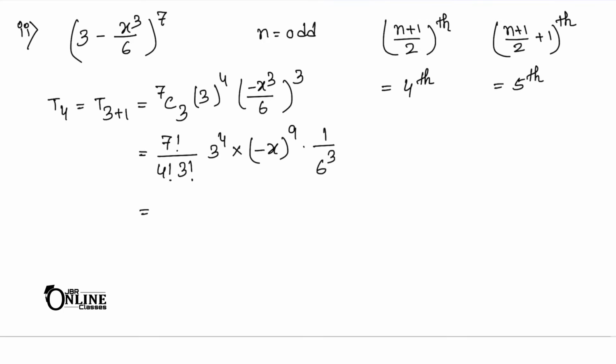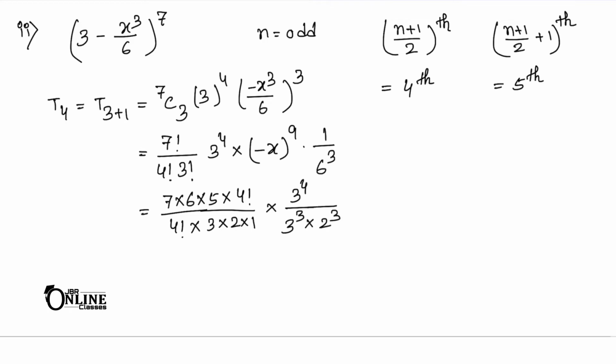So your answer is 7 into 6 into 5 into 4 factorial, over 4 factorial, then 3 into 2 into 1. Now next, 3 to the power 4, and 6 to the power 3 means 3 to the power 3 into 2 to the power 3, and then minus 1 to the power 9, and then x to the power 9.